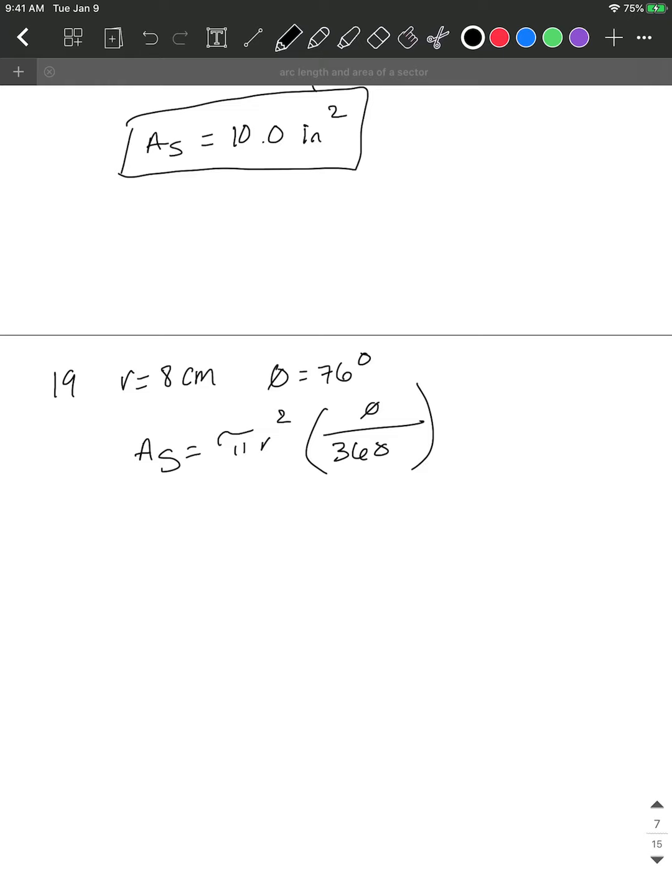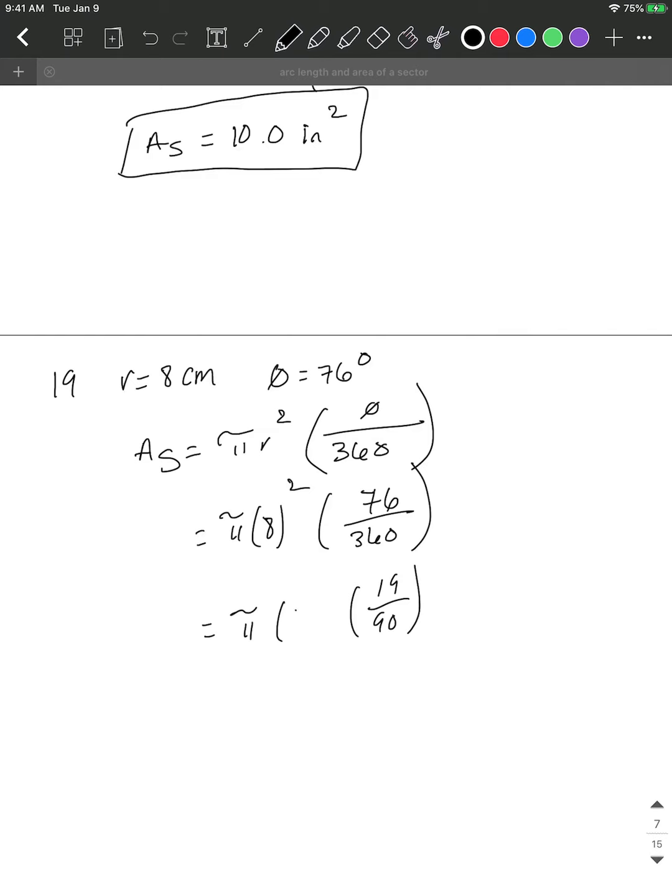We already know our information, so we're just going to plug it in at this point. So we'll say pi times 8 to the second, and then 76 divided by 360, which turns out to be 19 over 90. And then we're still multiplying that by 64.